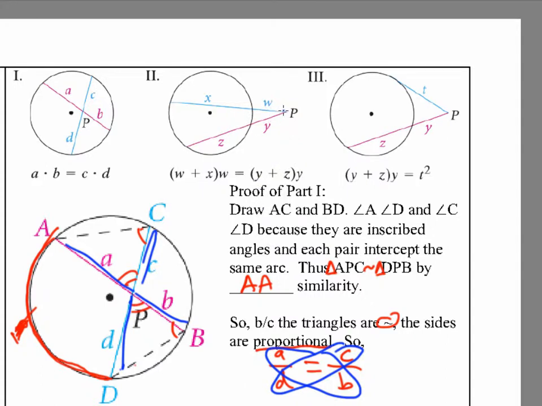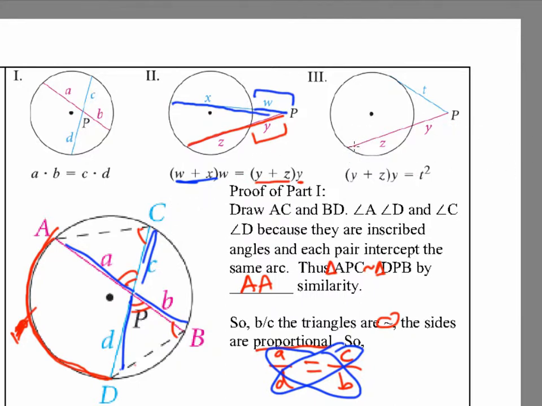So we have, if we're on the outside here, we've got two kind of secant lines. We have W plus X, so this whole line here, W plus X times just this outside part W equals Y plus Z times just Y. Okay, now let me come over here.